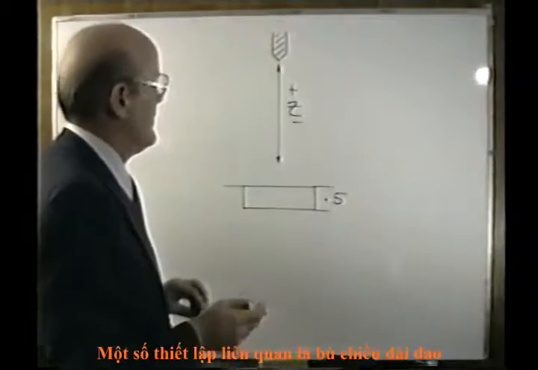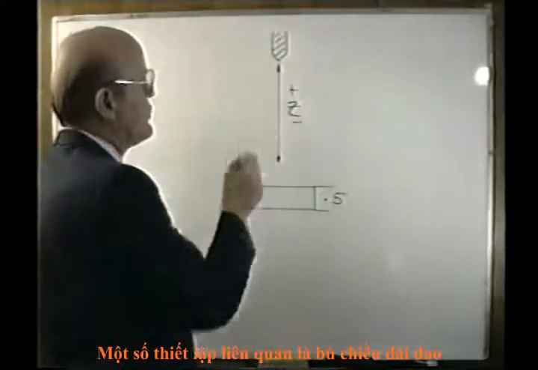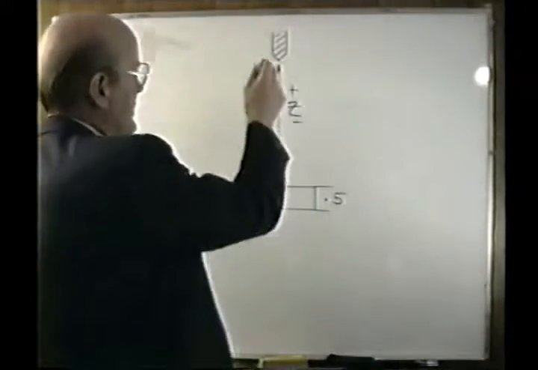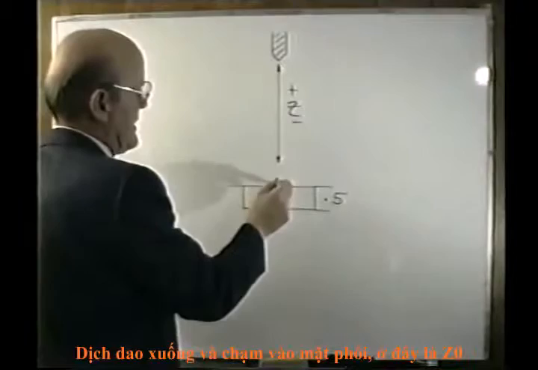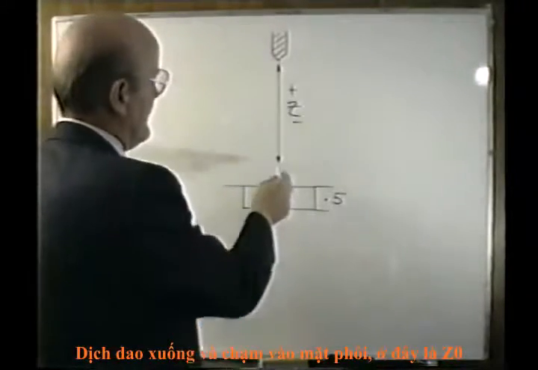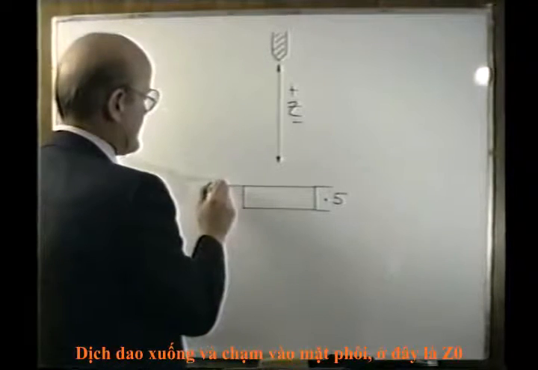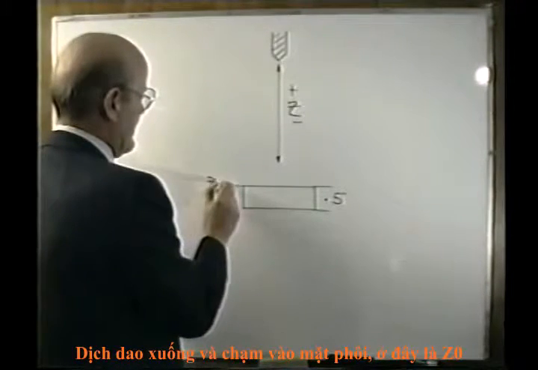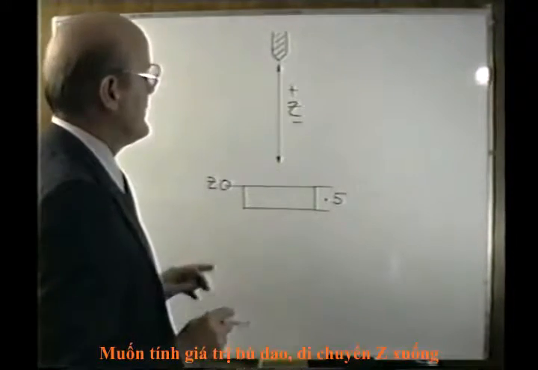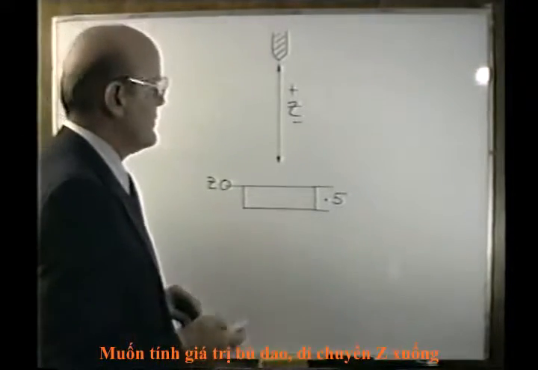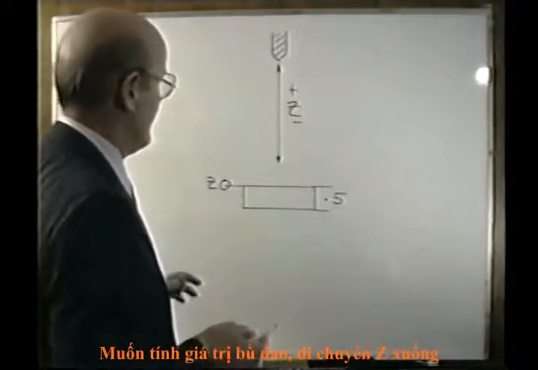The way we set this up is through something called tool length compensation, where we bring this tool down and actually touch off here, and we put that information in the machine. We wind up telling the machine that this represents Z0. And that is done through a tool setting, through a tool length compensation.